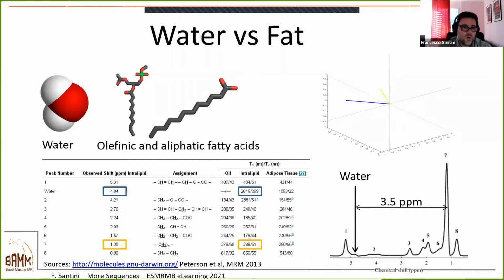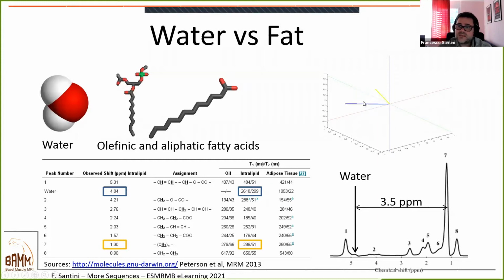So water has a shift of 4.8 ppm. And the fat actually has many peaks because it has many atoms, but the highest peak is at 1.3 ppm. So the difference between the peak in the water and the peak in the fat is 3.5 ppm. This is nice because it's always the same at every field strength.